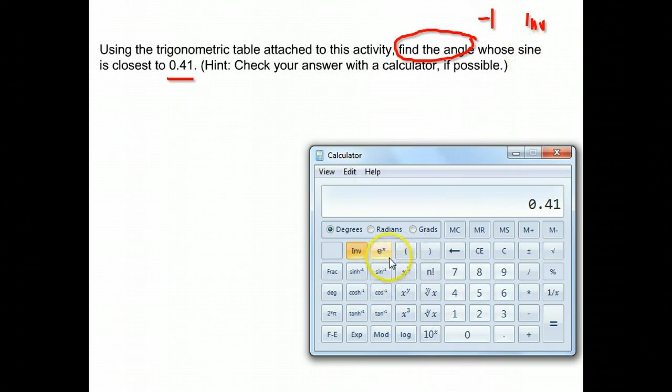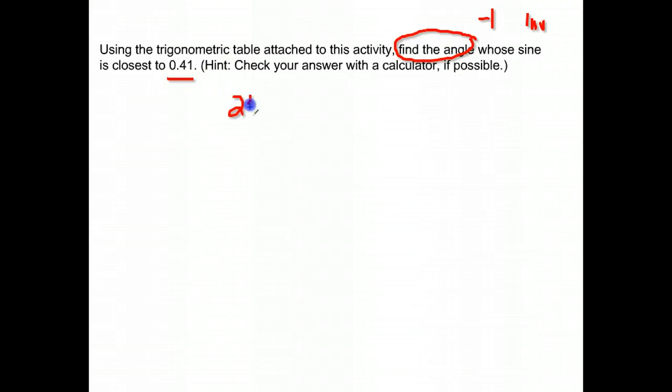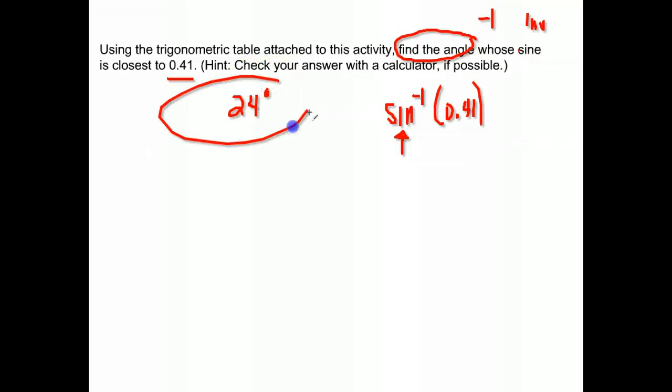This one was for sine, so I'm going to push the inverse sine. And I get 24.2. It wants the nearest angle, so 24-degree angle. To do that, I did the inverse sine of 0.41. Inverse sine tells you what your angle is. Regular sine tells you what the ratio is when you know the angle. But my answer here would be 24.